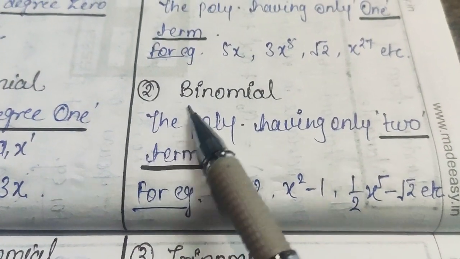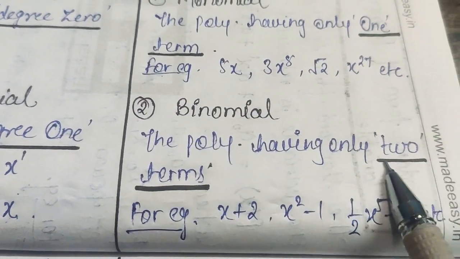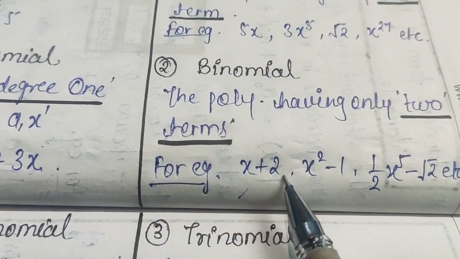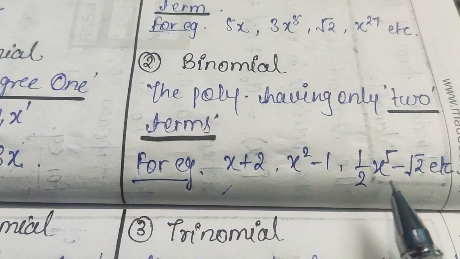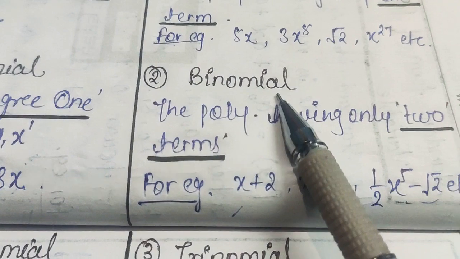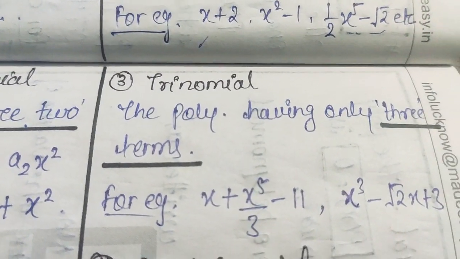Now, the binomial, bi you already know, bi means 2. So, a polynomial having only two terms will be called the binomial. Like x plus 2, x square minus 1. All the polynomials with two terms will be known as binomial. Now, moving to the trinomials. What are trinomials?